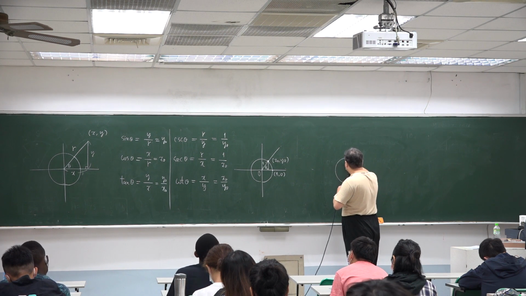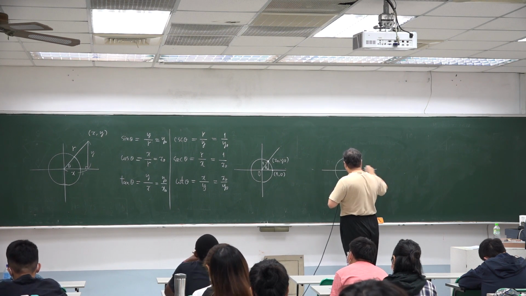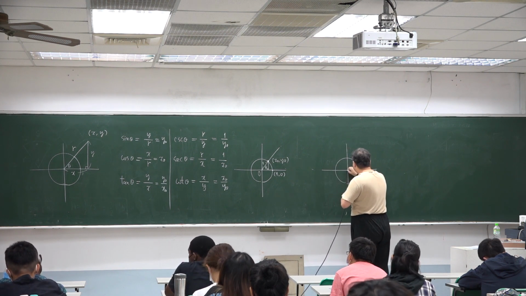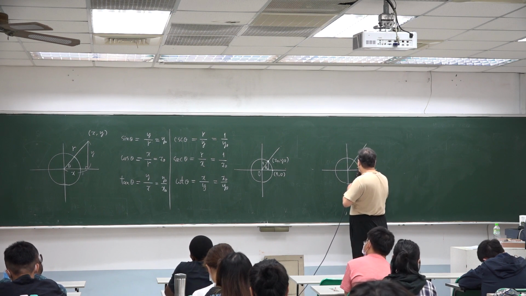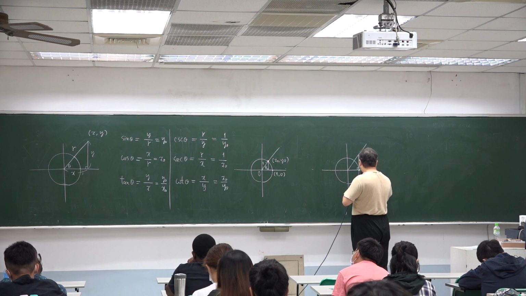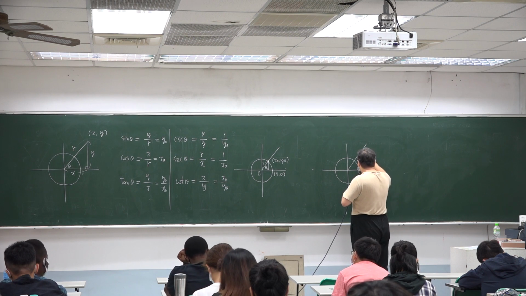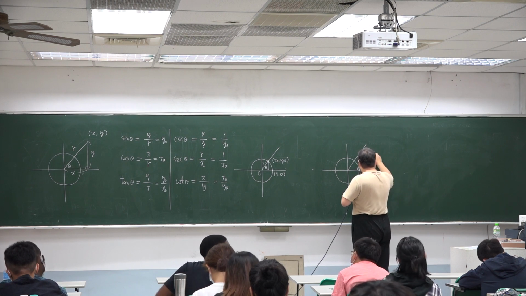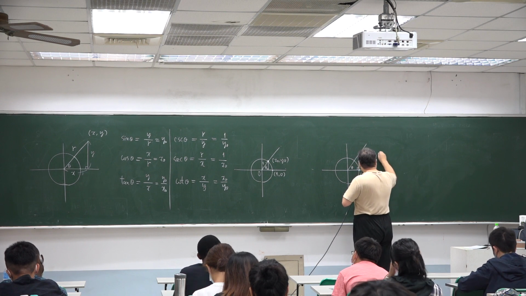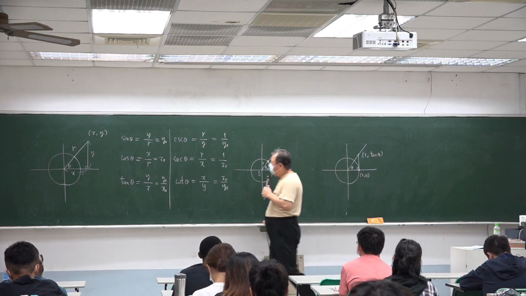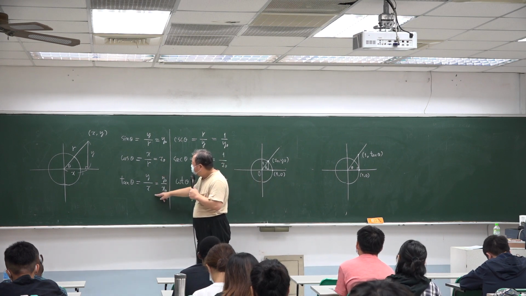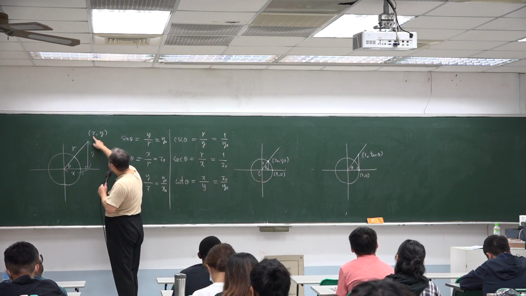modify this one. Theta here. In order to make x to be 1, this must be tangent of theta, because tangent is the ratio of y to x.